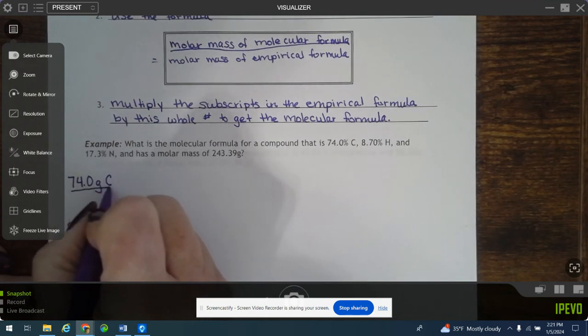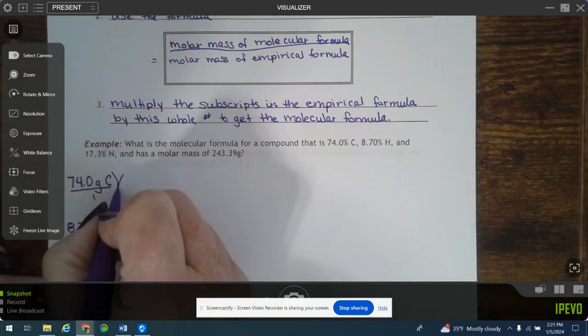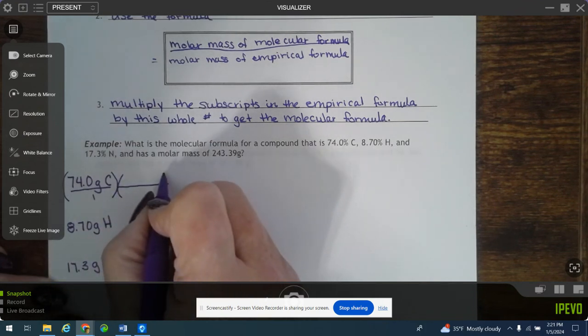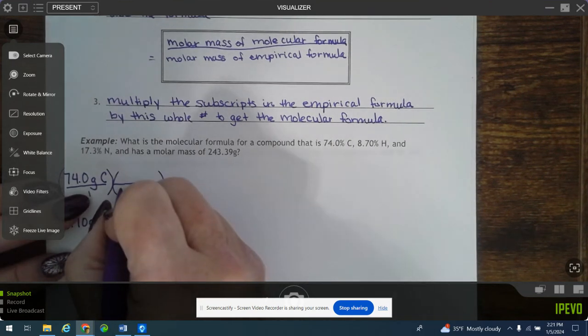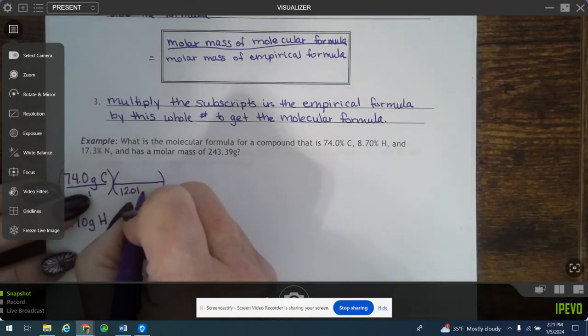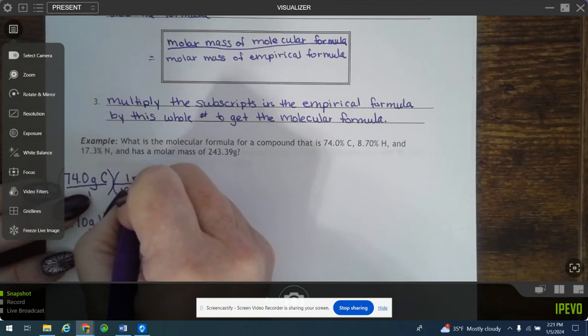Remember, the next thing is to convert the mass to moles. So I need to find the molar mass of the elements on the periodic table. The molar mass of carbon is 12.01 grams in 1 mole.